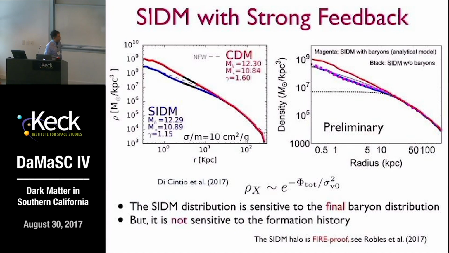the formation history. So recently, James' group and Victor used a FIRE simulation of a dwarf galaxy kind of halo, to check how strong feedback will affect the SIDM prediction. The conclusion is that SIDM halos are much more stable than CDM halos in the presence of strong feedback.